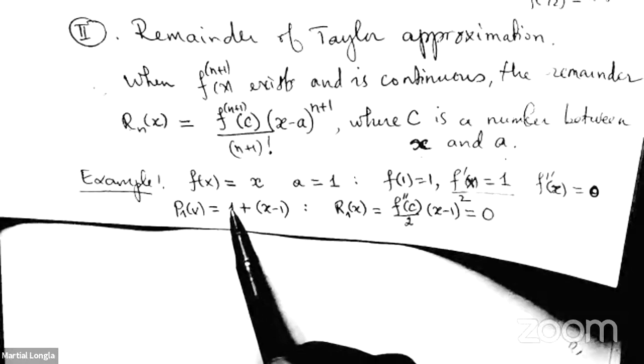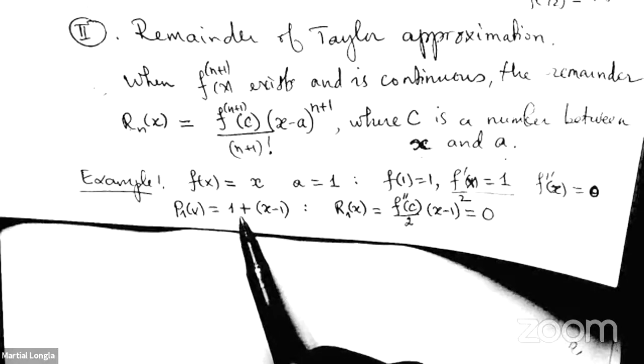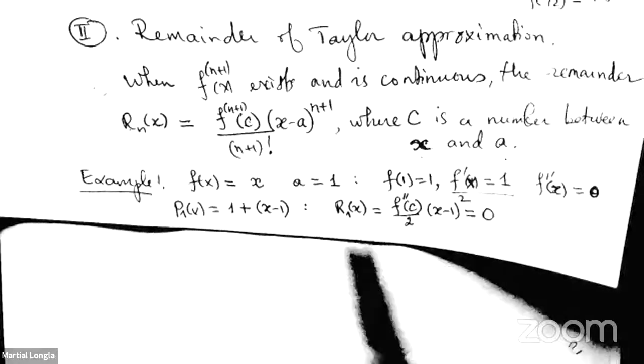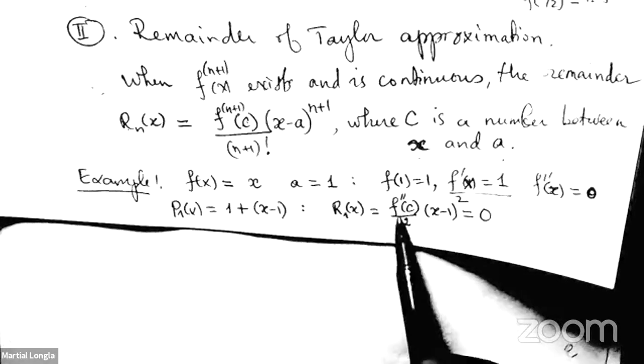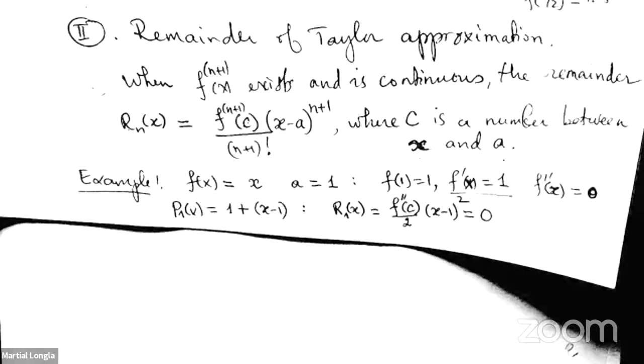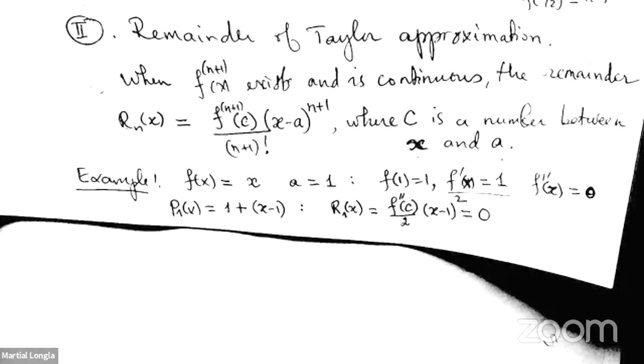Because p1 of x is actually 1 plus x minus 1. That's x, which is f of x. So p1 of x is equal to f of x always in this example. So c in this case is any number, because the derivative is going to be equal to 1 at any point between x and a, right?